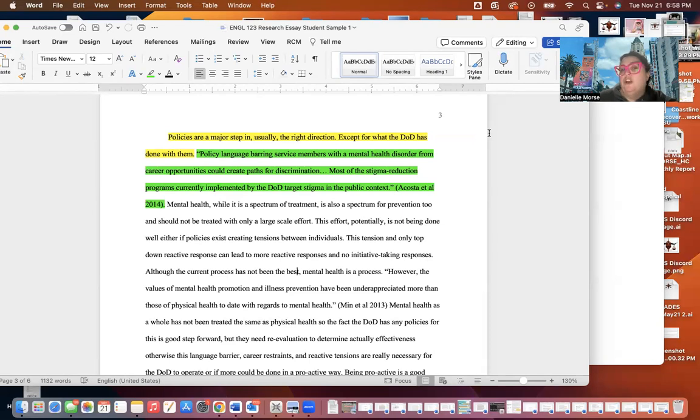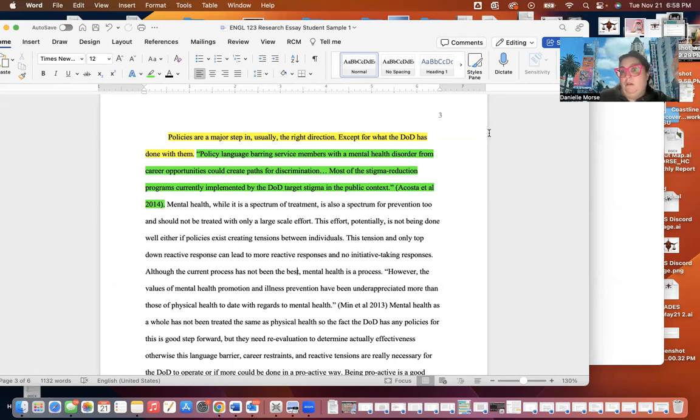When they're talking about stigma, I don't know what type of stigma in these programs they're seeking to reduce, because I could think of a various number of stigmas that, when it comes to mental health disorders and active service members and or veterans, that there's stigma there.